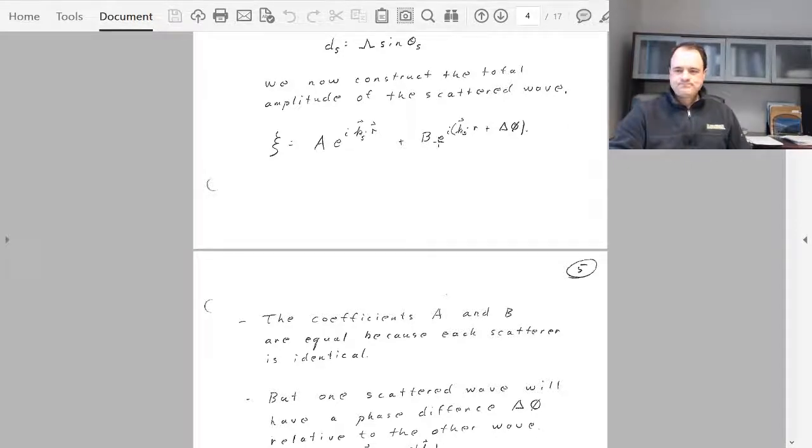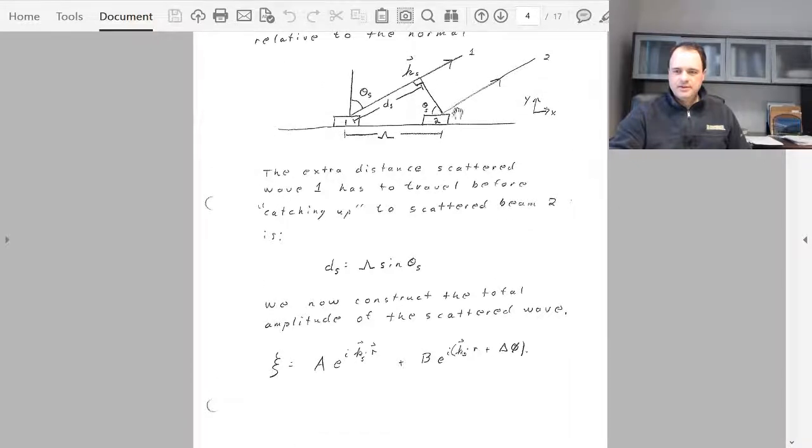However, this wave number 2, when it matches up right here, will have traveled a different distance. So when you look at the amount of extra distance the incoming wave had to travel to get to scatterer 2 relative to that taken to get to scatterer 1, even though it did take longer for the incident wave to get to scatterer 2, it is basically ahead of scattered beam 1 after scattering.